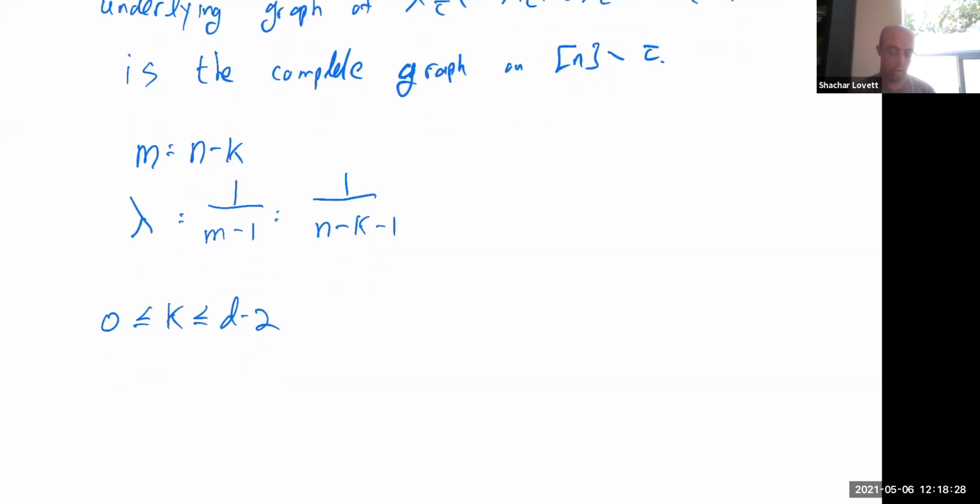So lambda is maximized when k equals d minus 2, in which case we get 1 over n minus d plus 1. So all this comes to show you that the complete complex, as long as d is not really, really close to n, has really good eigenvalues. So it is a lambda expander, right?